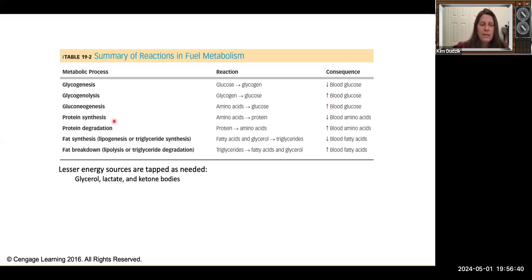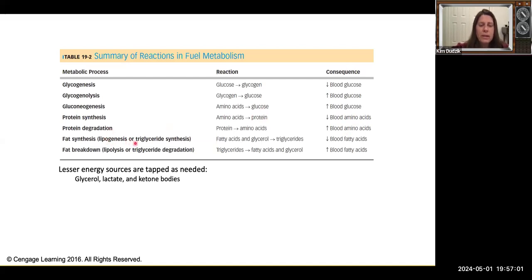Protein synthesis, we can take those amino acids and make them into proteins, right? So that's anabolism. That would decrease blood amino acid levels because, again, we're pulling them out of the blood and the cells are using them to make proteins. Okay, so forth and so forth.